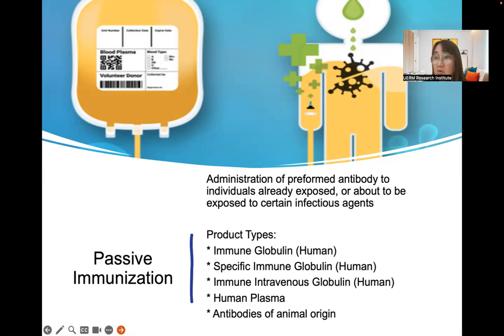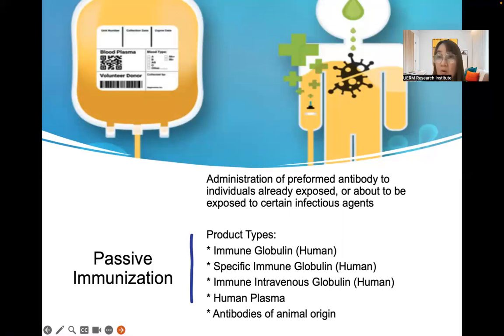Number 3 is human intravenous immunoglobulin. It is used as replacement therapy in antibody deficiency disorders, idiopathic thrombocytopenic purpura, Kawasaki disease, premature infants, and AIDS. And number 4 is human plasma.